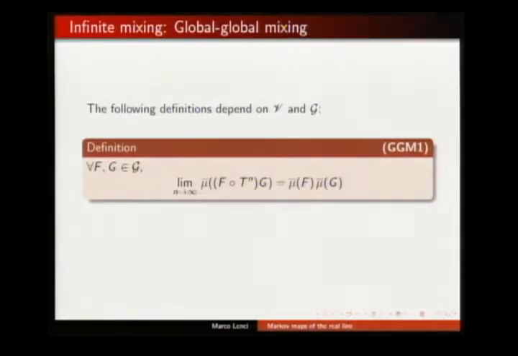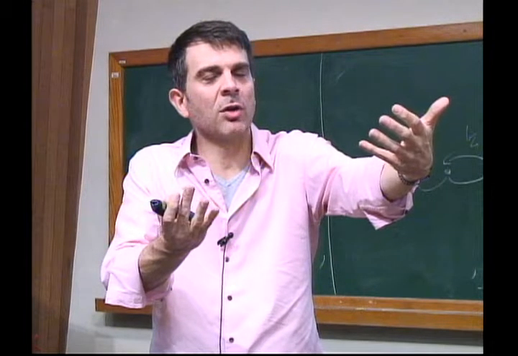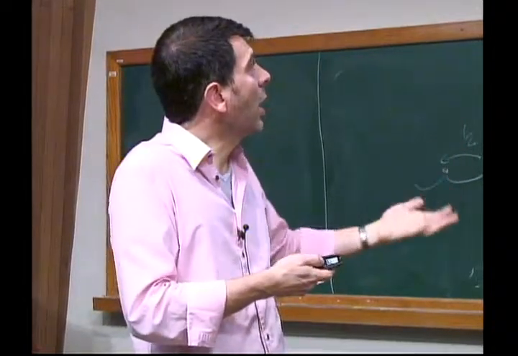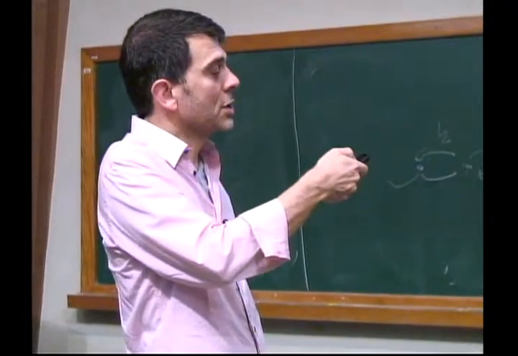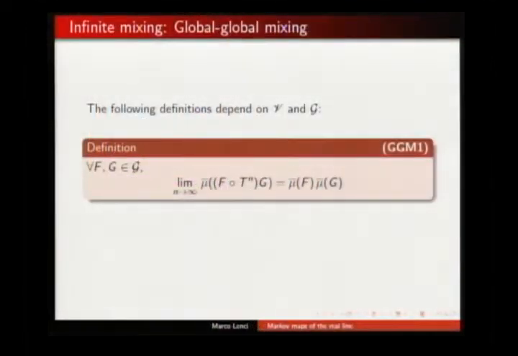So once you have global observables and you have this functional, what could be a good definition of mixing? Mixing means basically decay of correlation, means that two observables decorrelate. You take one observable and the evolution of another observable, they decorrelate. Now, how do you translate the correlation? Now that you have global observables and this thing which stands for the measure, this could be a good definition.